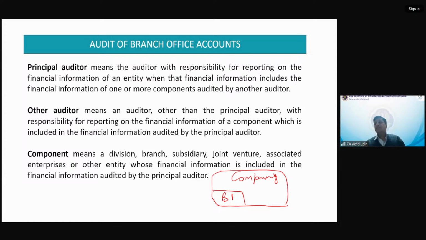And that's why in those cases, the auditor of the branch is appointed separately. It means for this company, there will be two auditors, one who will audit only the branch.